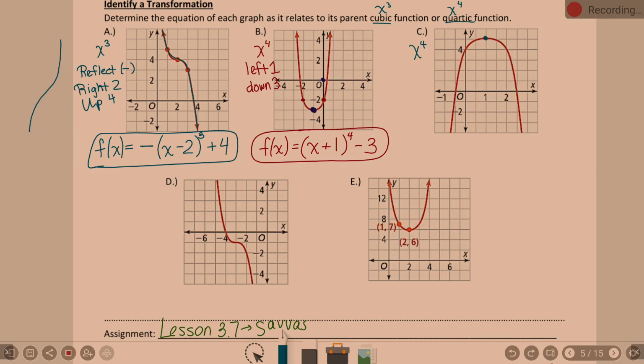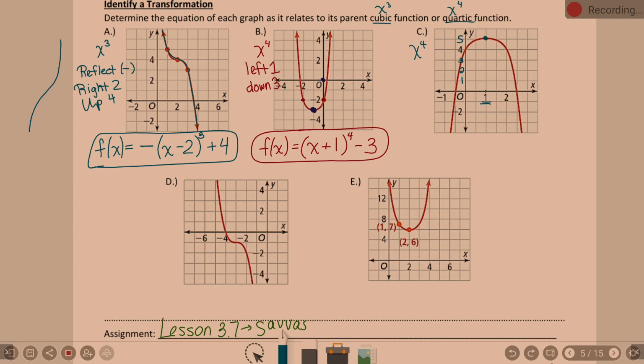Okay? Based on where I put this vertex, it goes right 1 and up 5. And that is a 5 there, isn't it? Because along the y-axis, it's counting by ones. Along the x-axis, it's counting by halves.